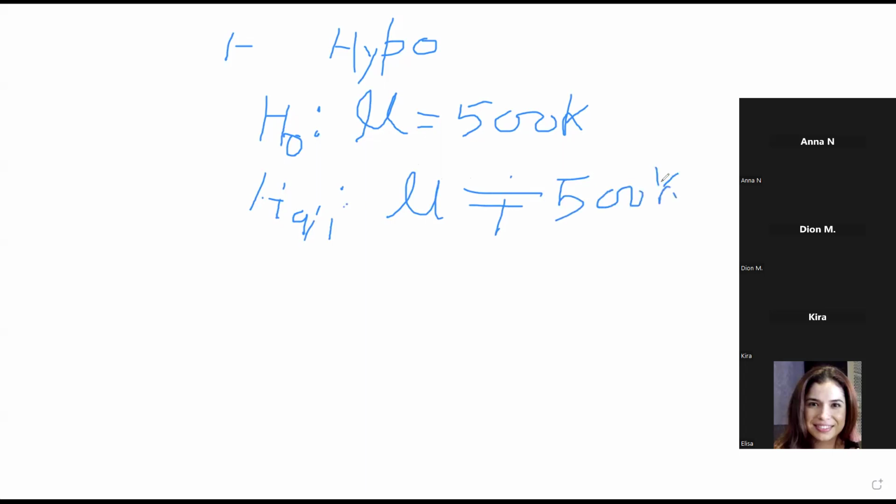So the first step is writing the null hypothesis and alternative hypothesis. The second step is setting your alpha level, significance level, or confidence level. Third is collecting data, and keep going.